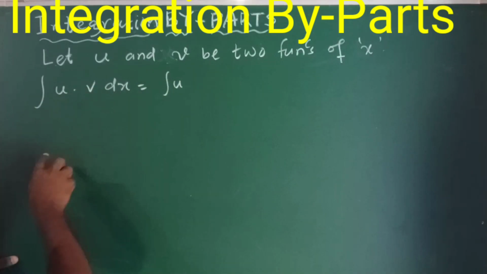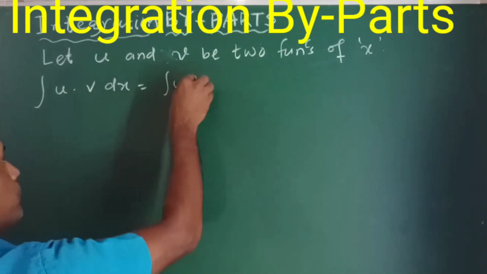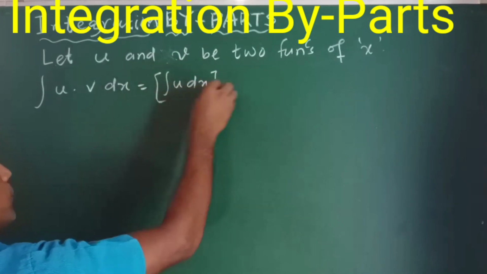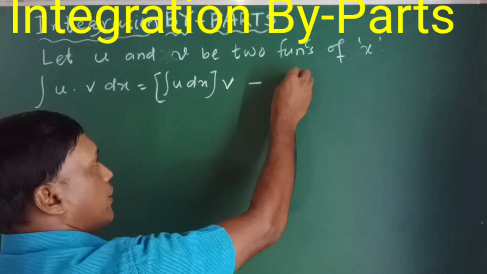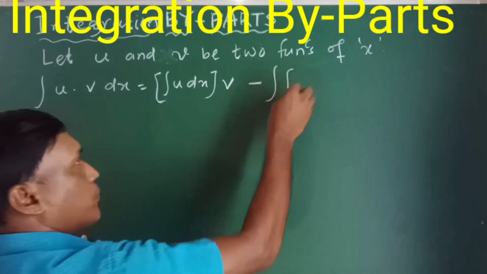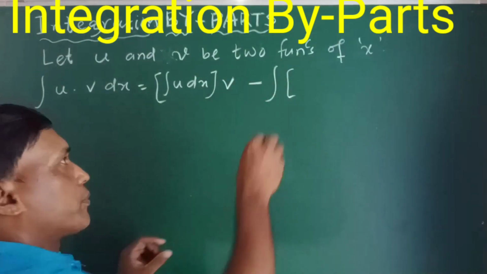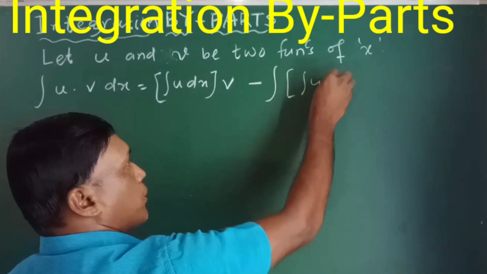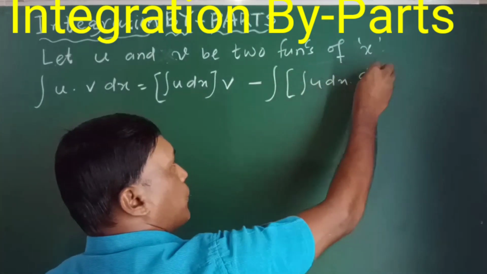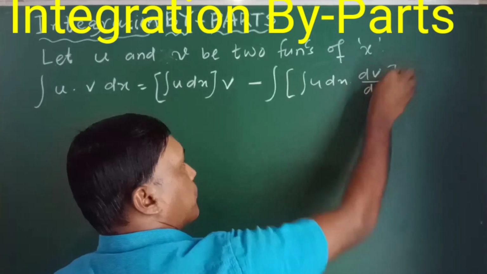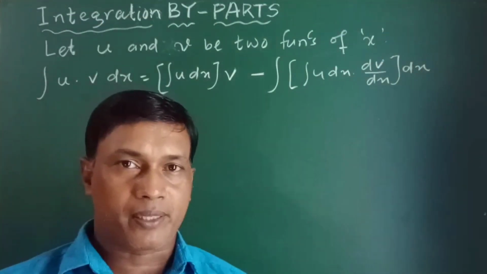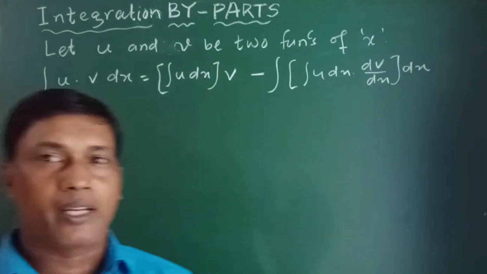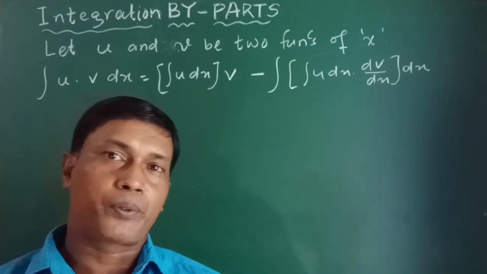The formula is integration of u into v minus integration of u into derivative of v. This is the formula of by parts. This is the formula for integration of a product of two functions.